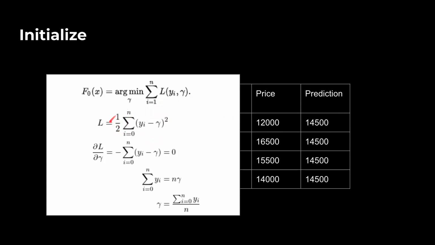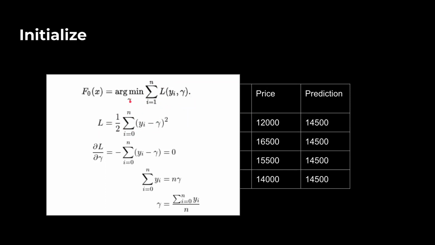I'll get into exactly why we use the half later on, but notice that since this is a minimum optimization, adding a half doesn't really change the output. The gamma is still going to be the same, even if this whole value gets scaled up or scaled down. So our loss in this case is just a scaled version of mean squared error.